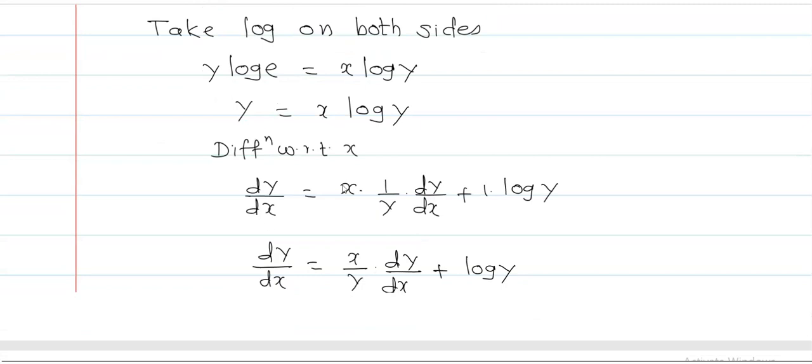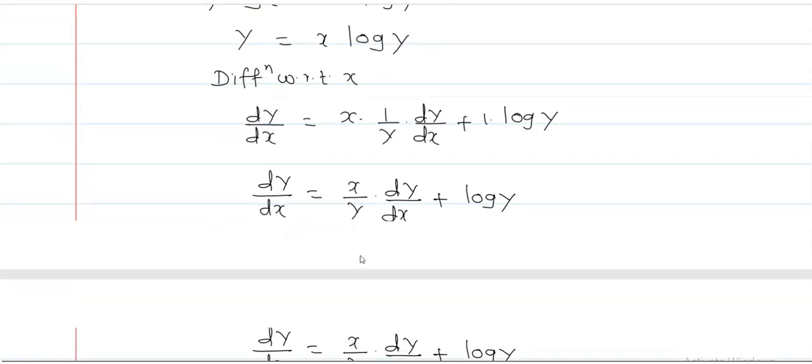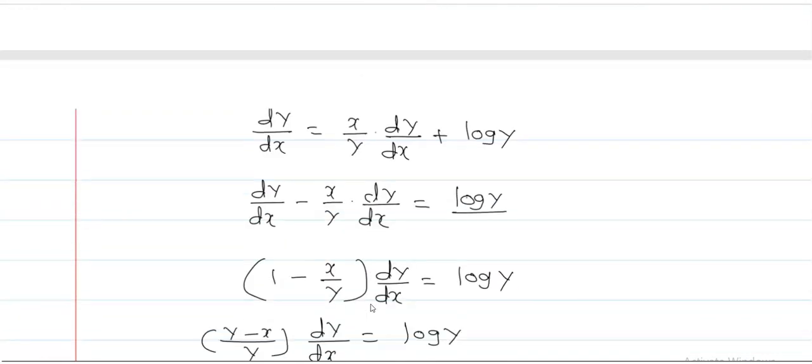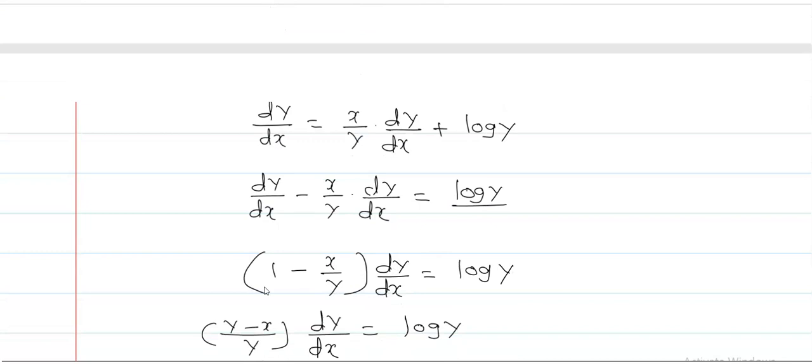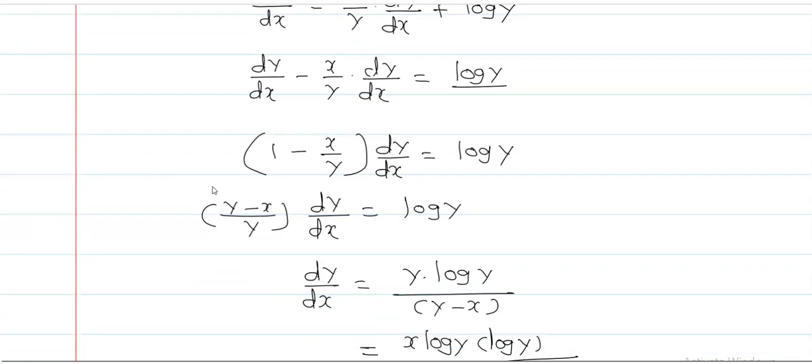Differentiate: dy by dx is equal to x into log of y, meaning 1 upon y into dy by dx, plus 1 into log of y. Collect the terms of dy by dx. Dy by dx minus x upon y into dy by dx is equal to log y. 1 minus x upon y into dy by dx is equal to log y. Simplify it. Y minus x upon y into dy by dx is equal to log y.